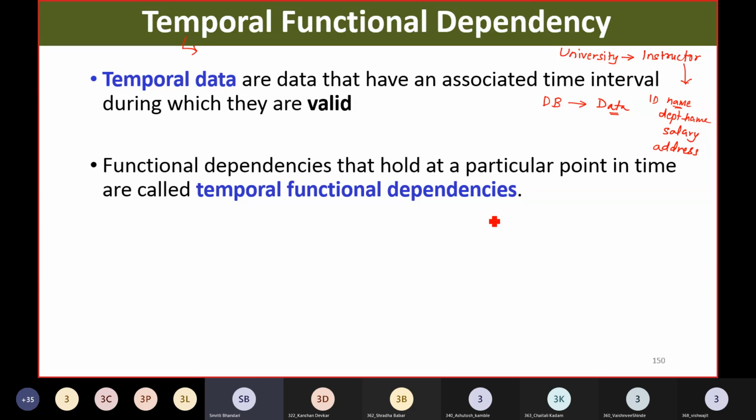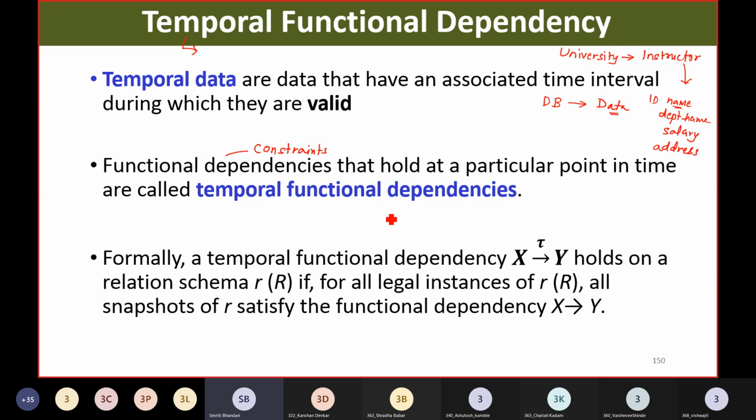Due to the change in policies, it may happen that the constraints in terms of functional dependencies that we would like to impose are also changed. Functional dependencies are nothing but the constraints. So functional dependencies or constraints that hold at a particular point in time are called temporal functional dependencies.